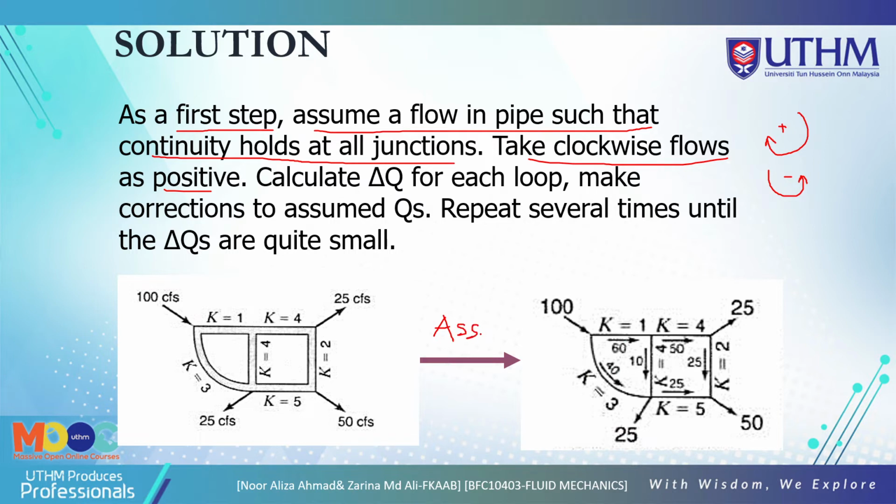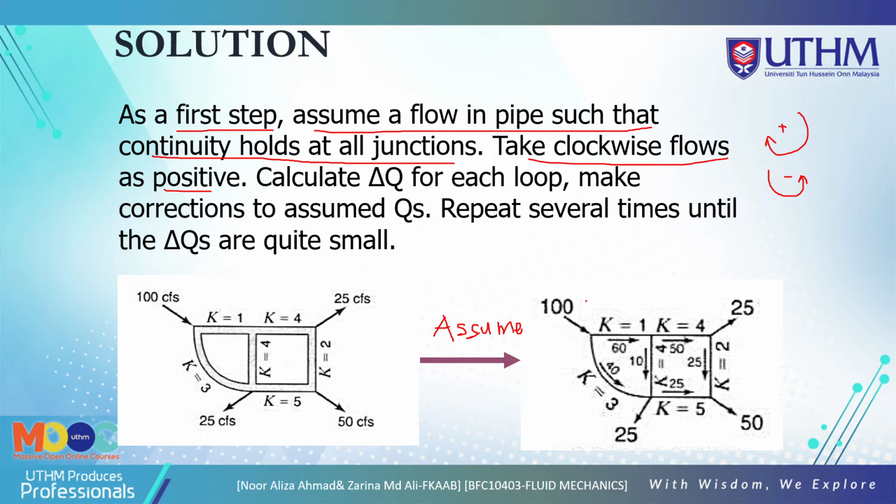You assume a flow in the pipes such that continuity holds at all junctions, based on the inlet here. There are outlets of 60 and 40 here, and if you add 60 plus 40, you get the same 100.